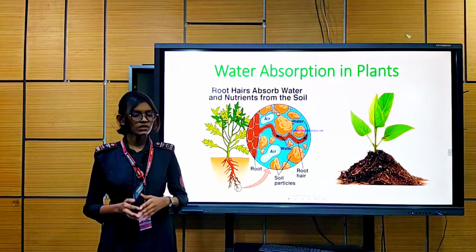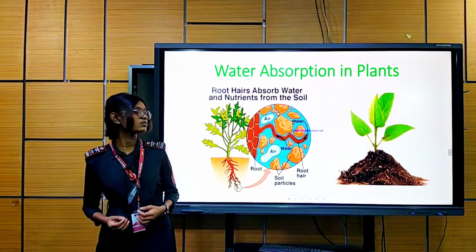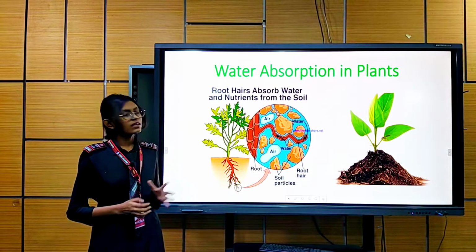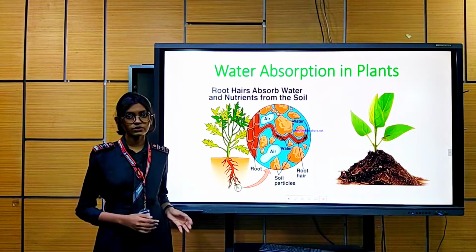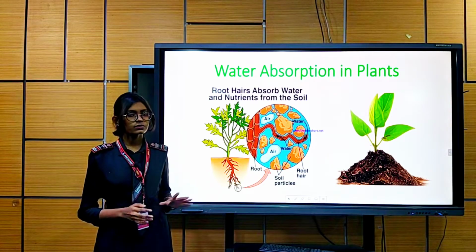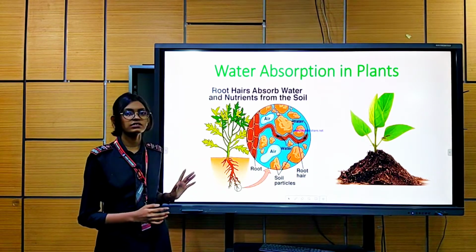We'll start off by gathering some information on the topic that we're going to be looking into, which is the absorption in plants, as I said. So, the absorption in plants is one of those aspects which is really important for the well-living and the proper nutrition of the plants. The roots play the main part over here, which is absorbing the water and nutrients from the soil.